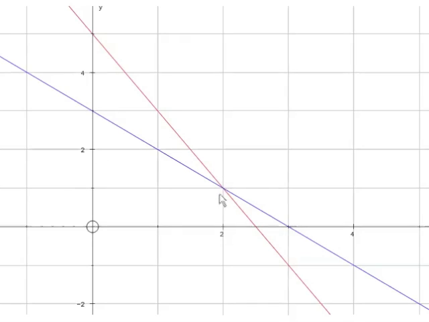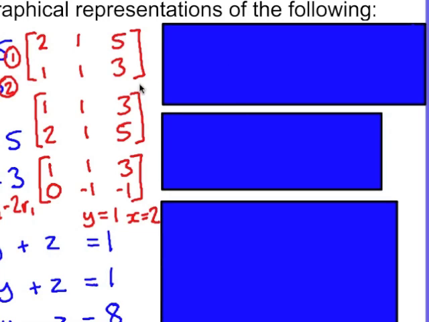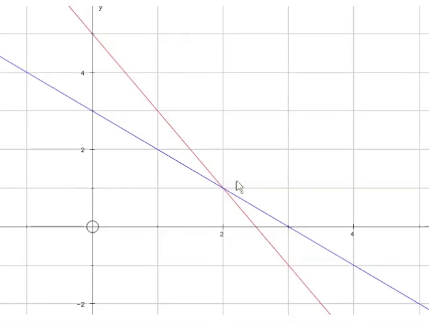And where the two lines cross, you can see is at the point (2, 1), which takes us back to our solution of x equals 2 and y equals 1. So graphically, the simultaneous solution of the two equations corresponds with the point where the two lines intercept.